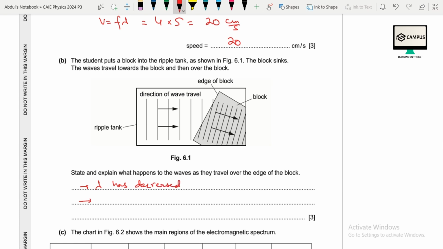Further, we also see that there is some refraction as the wave enters from deeper water to shallower water.